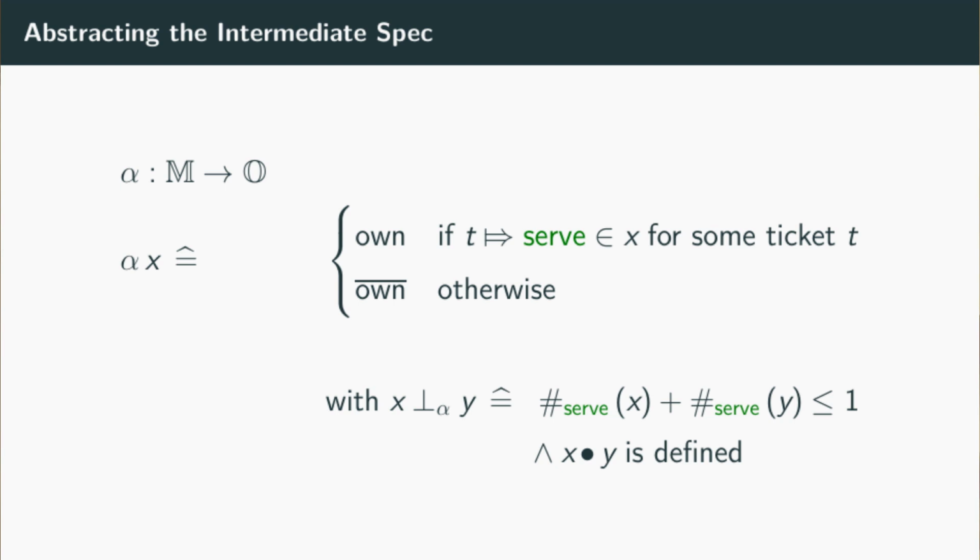The notation hash subscript serve signifies the number of tickets labeled serve in a ticket map. The definition directly captures that together X and Y contain at most one served ticket.